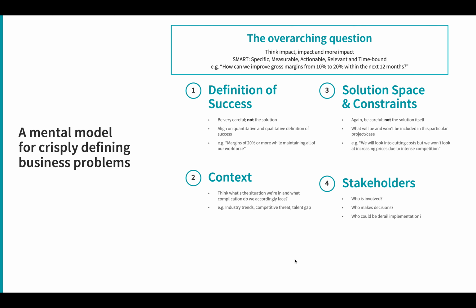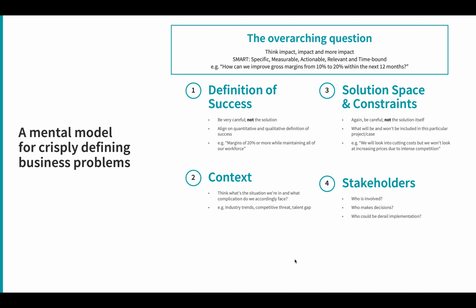And then you also want to understand the context a little bit. A very simple way to understand context is to ask yourself this: what is the situation and why is it a complication, right? A complication doesn't have to be a negative thing, it could be a positive thing. It could be the situation is we're a startup and the complication is we're growing too fast for our resources, right? So that's a good thing, actually.